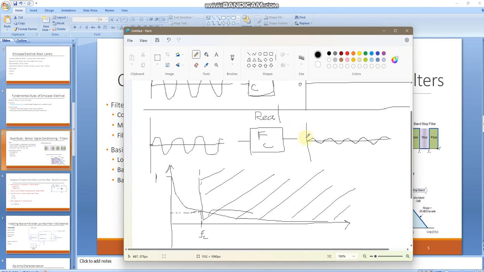Now, extremely less amplitudes and quite significant reductions are essentially qualitative terms, and the threshold needs to be defined quantitatively so that we can definitely figure out whether these input signals have actually been filtered or not.